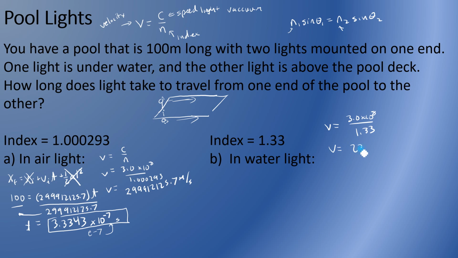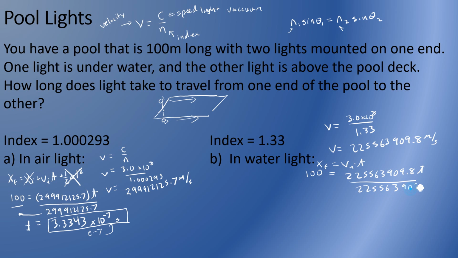So we get a new velocity of 225,563,909.8 meters per second. And now we're going to use our position formula, so 100. So I'm using XF equals VIT. So I'll plug each of these in and divide by this large number here.